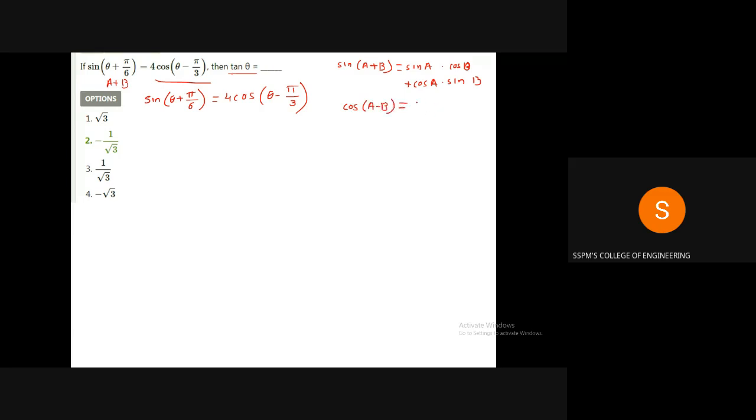It is cos A cos B plus sin A sin B. So we will use the expansion here.